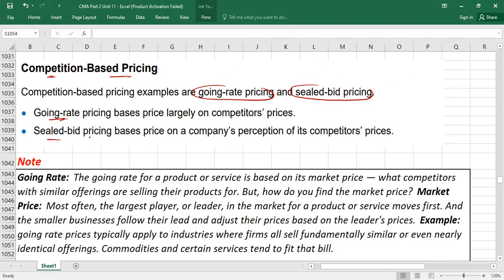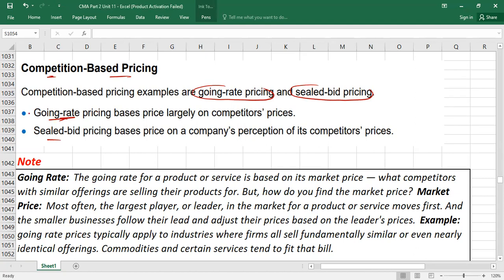Going rate means you charge the price which is prevailing in the market. For example, let's assume you are selling a commodity like rice or wheat. You have to look at what the price is in the market, and the same price you can charge. You cannot charge a higher price than the market, right? This is what is called going rate.